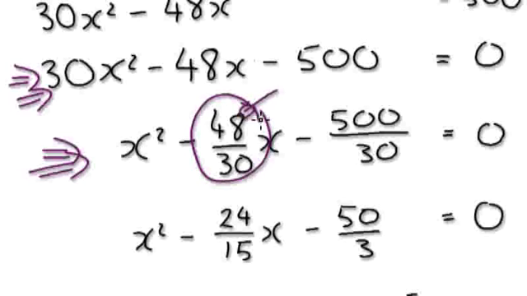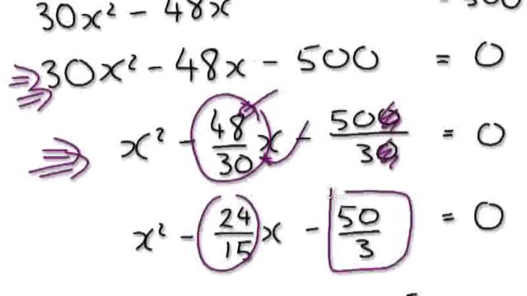You see, this here is an even number, this here is an even number, so that becomes this. Okay, and then here you can divide top and bottom by 10, so that will give you this.